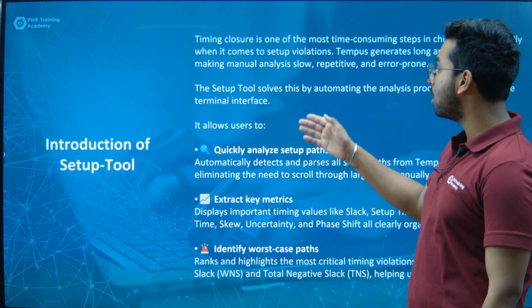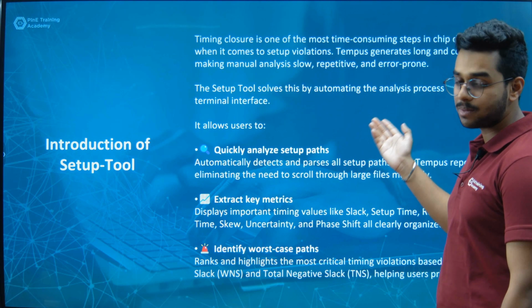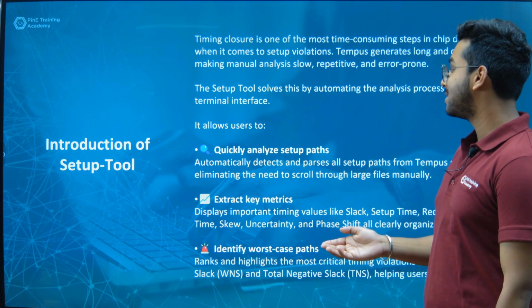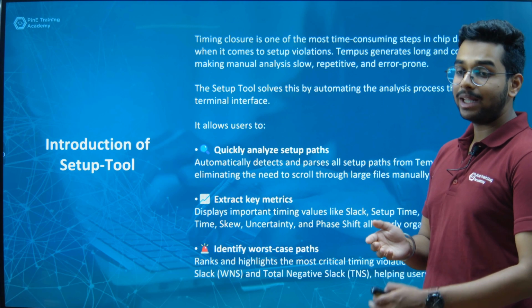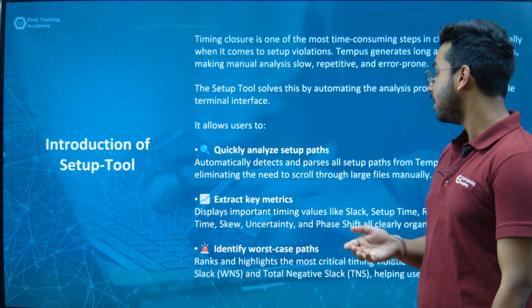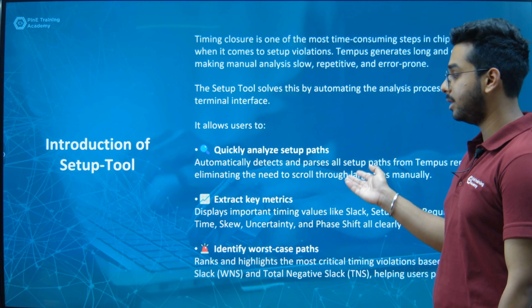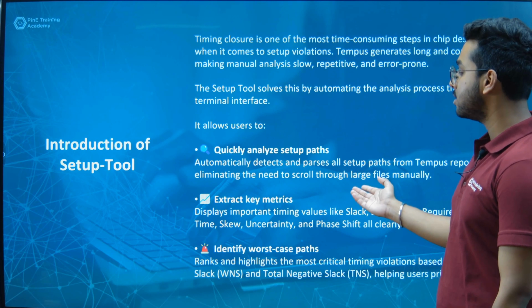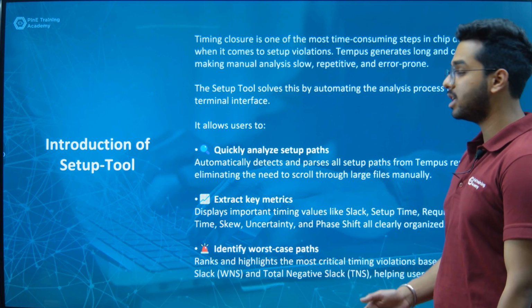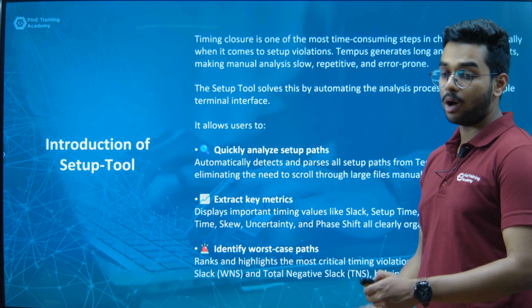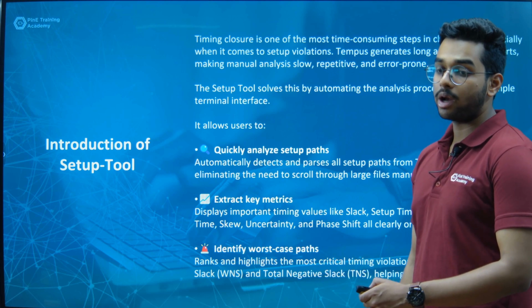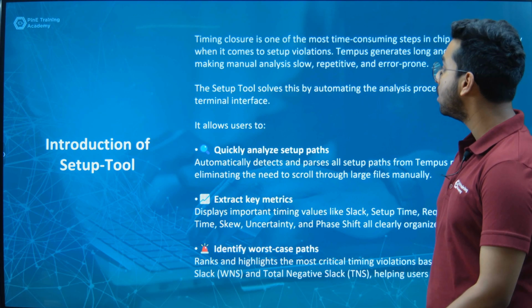Timing closure is one of the most time consuming steps in the design, and the setup tool solves this by automating the setup reports in the design. It quickly analyzes the setup paths, extracts the key metrics, and identifies the worst case paths in the design, so that the user knows on which path they have to work to make the design more efficient.